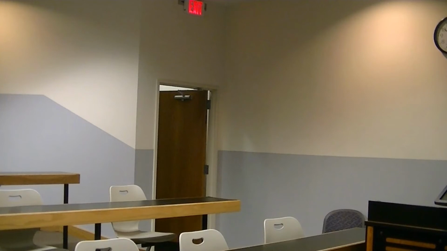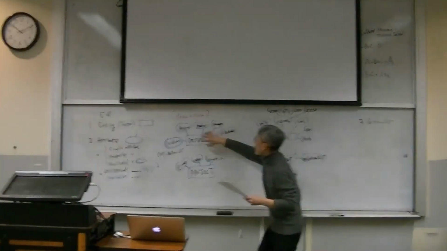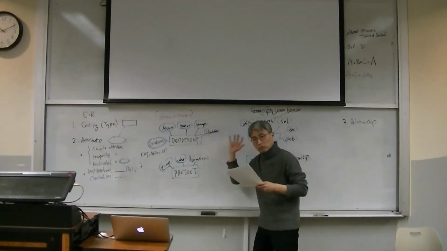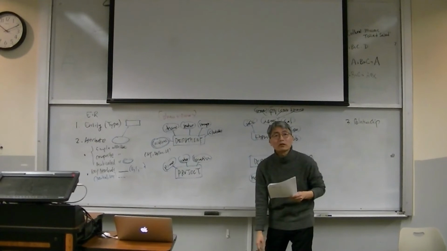You cannot find any new attribute. We already identified the attributes of the entity, but each employee entity works for one department. It's not an attribute, but that is important information.